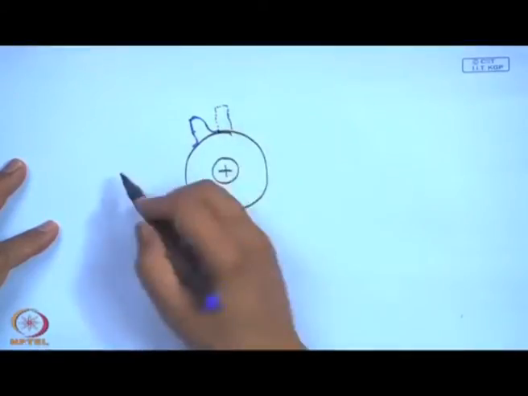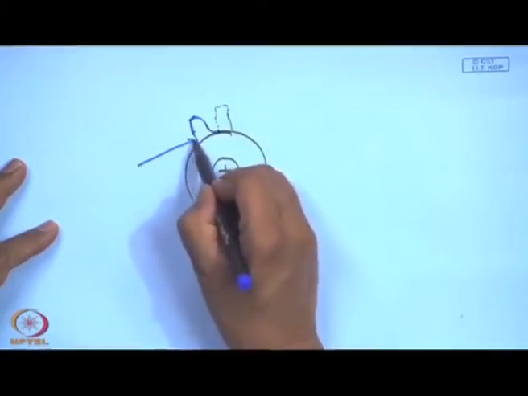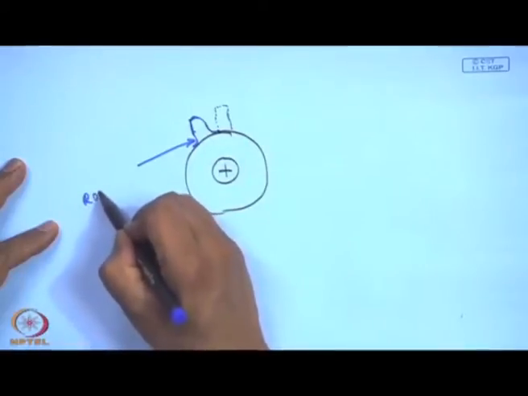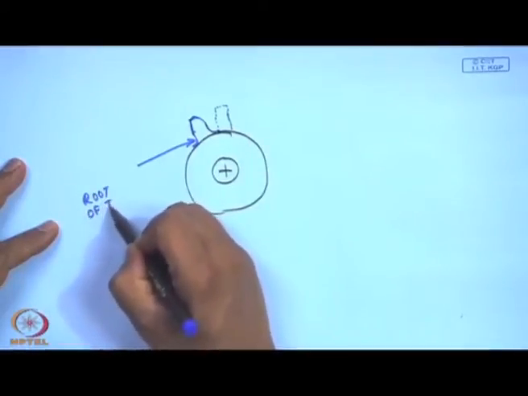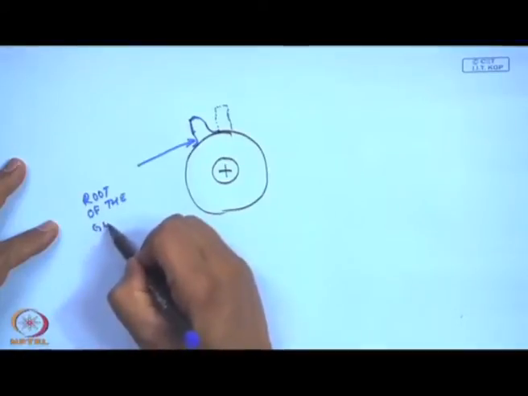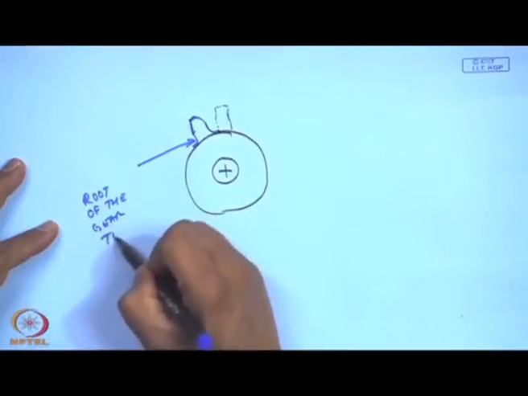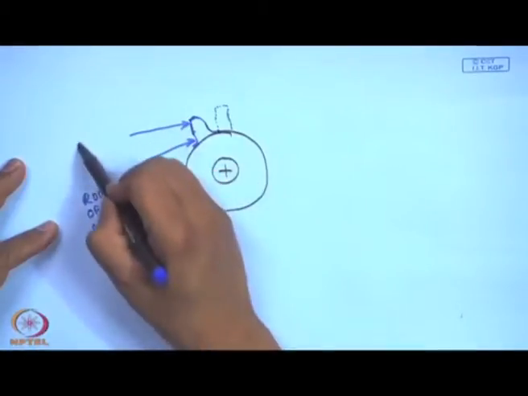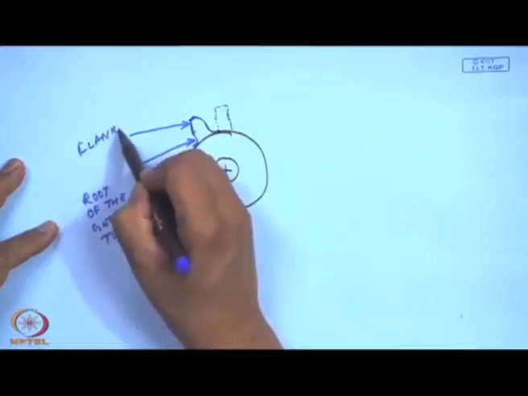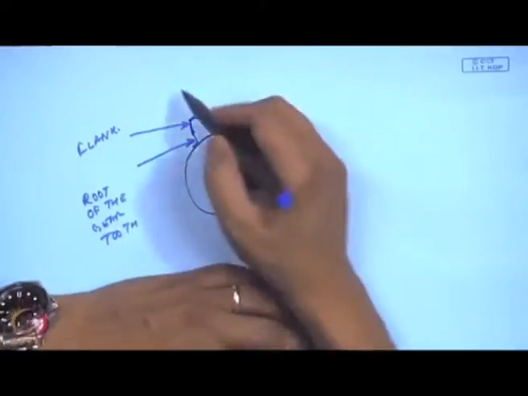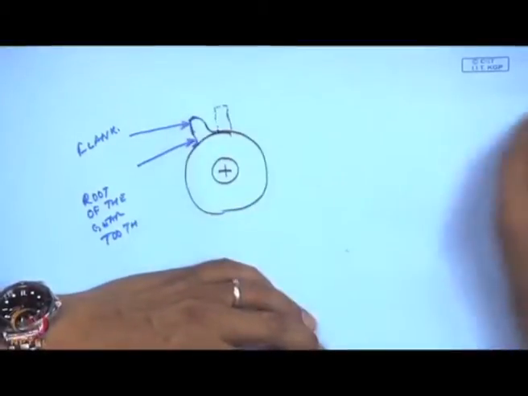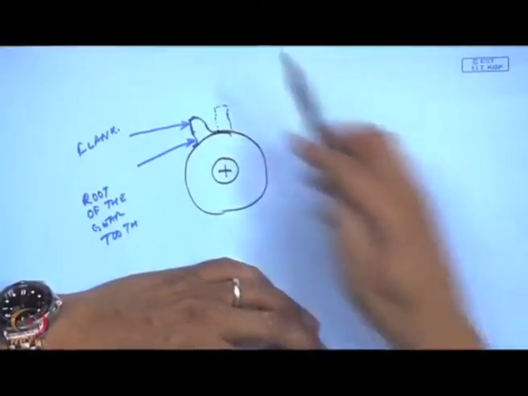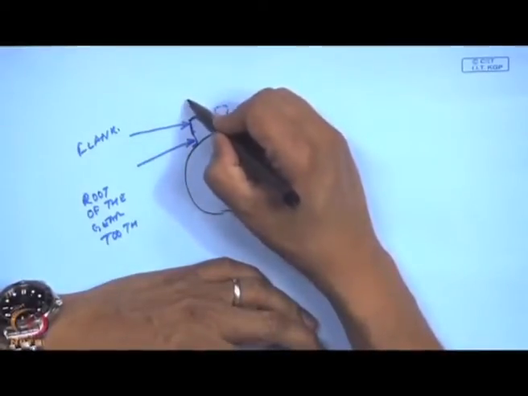This is the root of the gear tooth, this is the flank. And this is going to mesh with another gear from the pinion and so on.